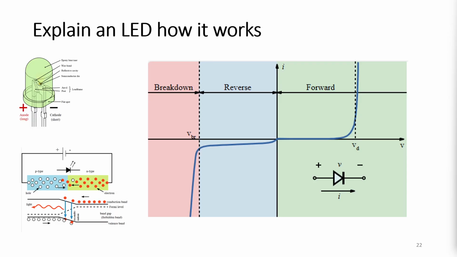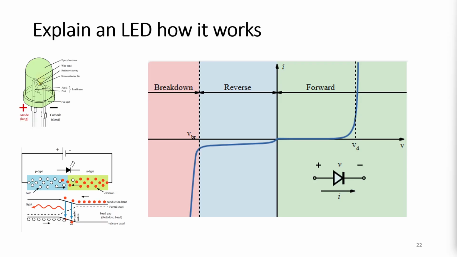The vertical axis represents the current flowing through it. The polarity convention is indicated by the diode symbol, where the voltage V is defined with the positive terminal on the anode side and the negative terminal on the cathode side, and the current I is defined flowing from anode to cathode.